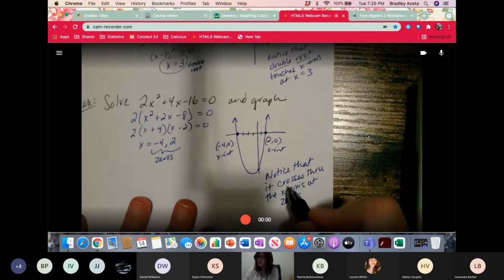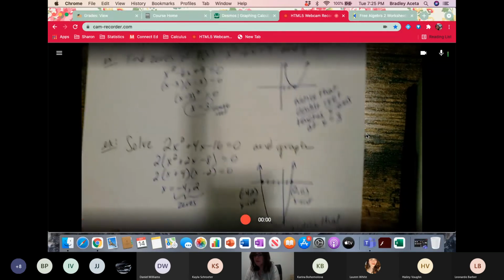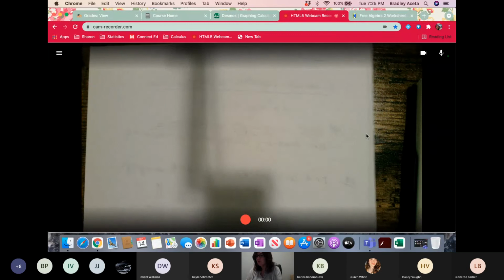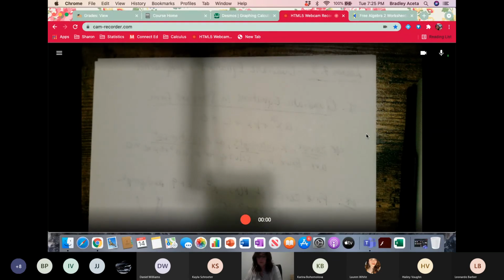Here, it crossed through the x-axis at those particular zeros. Again, very neat. All right, let's just do a couple more solving examples, not necessarily graphing, quadratics. We'll do a couple solving, and then we're done.